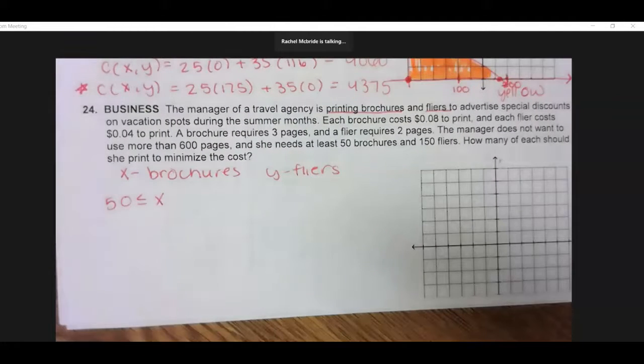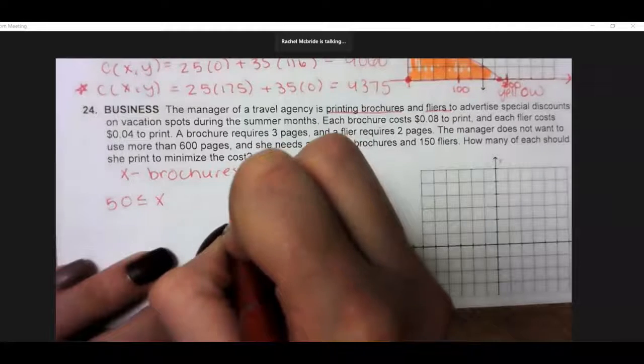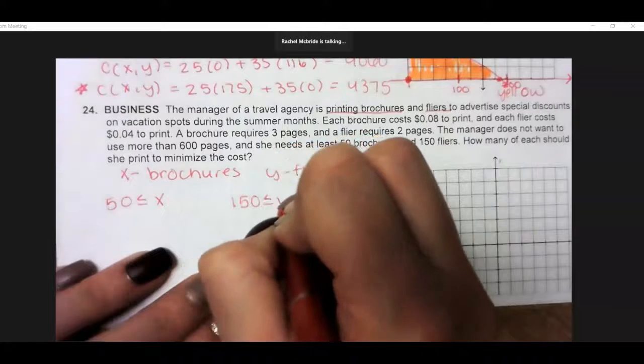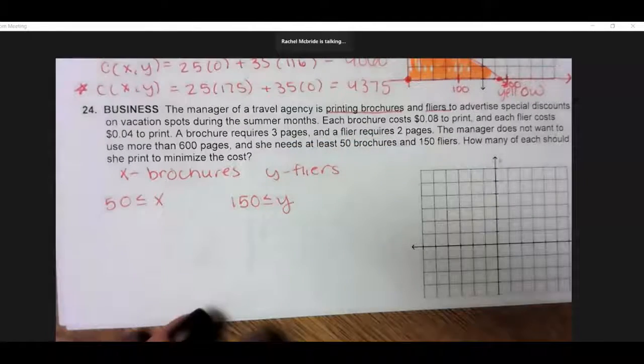We always have a bound of 0 when it comes to producing an item, but in this case, the company has a minimum constraint of their own. Then the second part is that they need 150 flyers, so y has to be greater than or equal to 150.